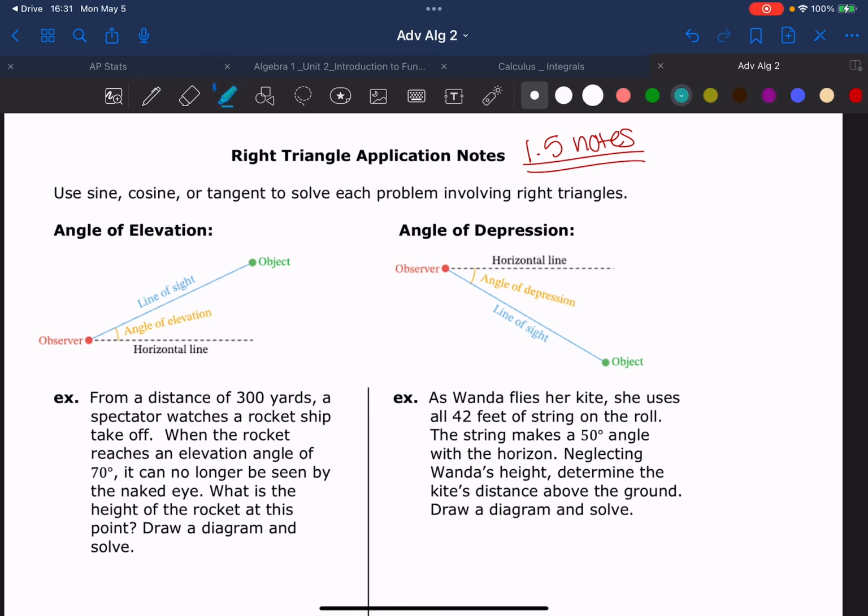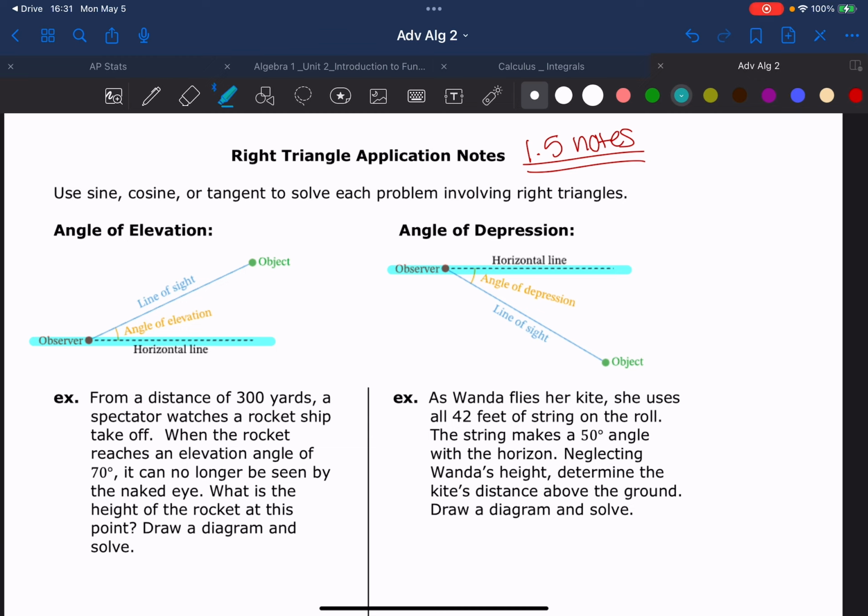So the reason why they have these names is we're looking where the observer is, okay? And where the observer is always going to be attached to the horizontal line, okay? This could be an imaginary line, this could be the ground, whatever it's going to be.